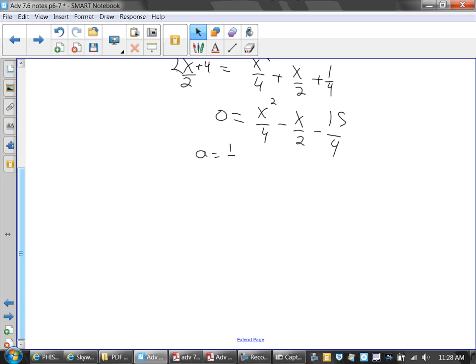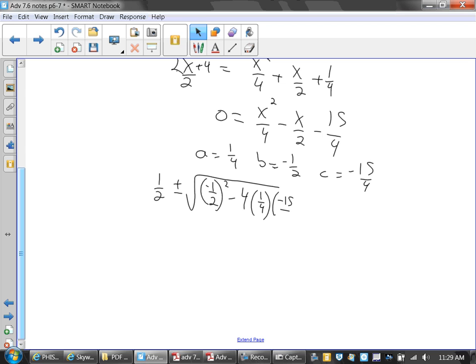Your A value is 1/4, B is -1/2, and C is -15/4. This is 1/2 plus or minus the square root of 1/2 squared minus 4 times 1/4 times -15/4, all over 2 times 1/4. Now, as you check through this, you're going to wind up with 1/2 squared is 1/4.